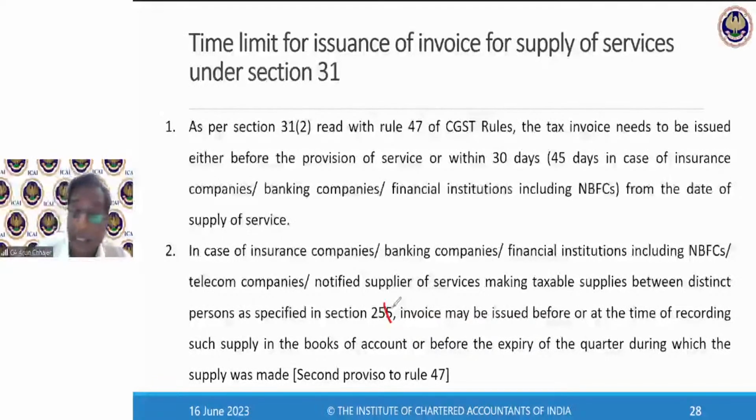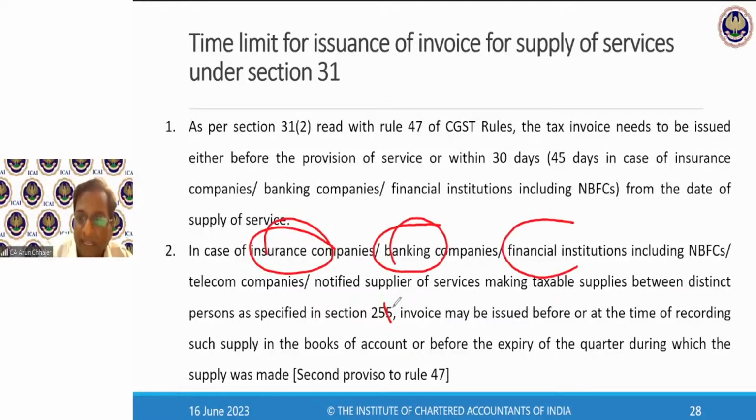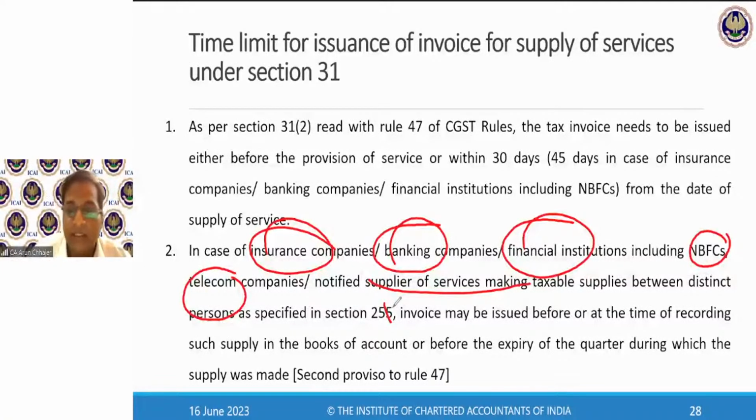So in case of the distinct person, if it is an insurance, banking, financial institution, NBFC, telecom, or notified categories of the person, then they can issue the invoice before the expiry of the quarter. So there are 3 days.